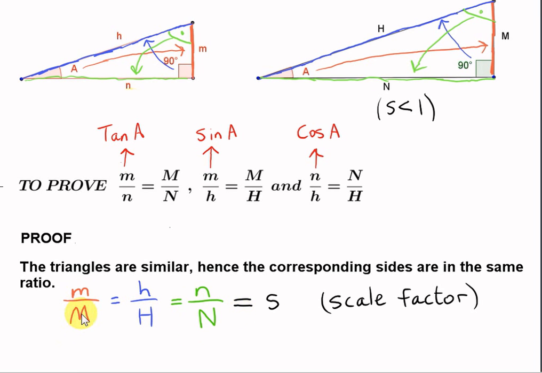So let's put little m over big M equal to S. And let's put little n over big N equal to S, and just rearrange both of these.